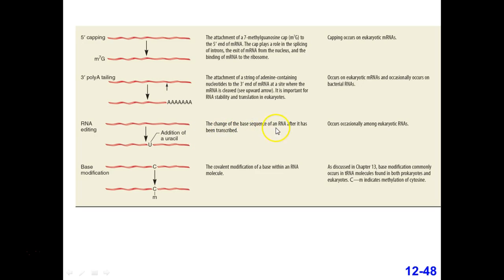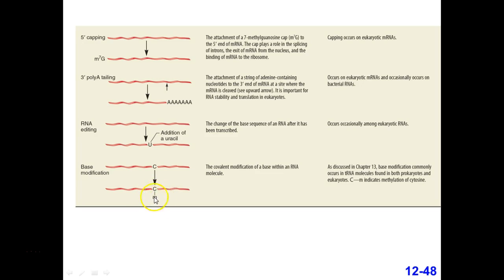The change of a base sequence of RNA after it has been transcribed. So remember that there are only U's in RNA, there aren't any T's. And the other modification that happens is that there is a modification to some of the bases, right?